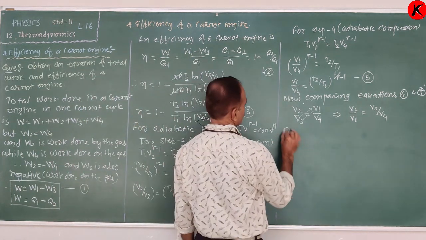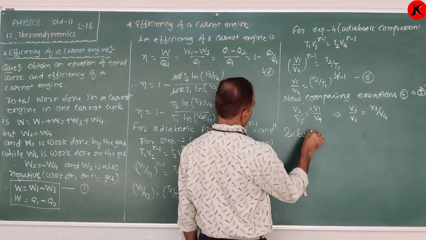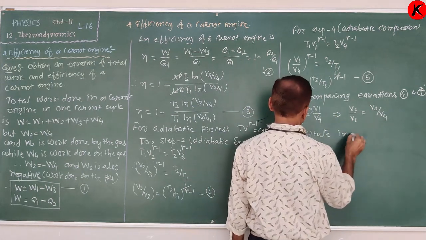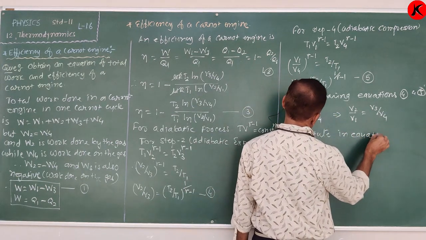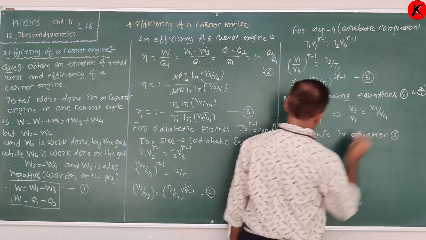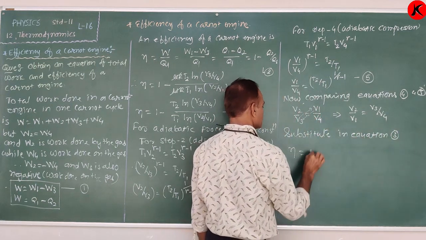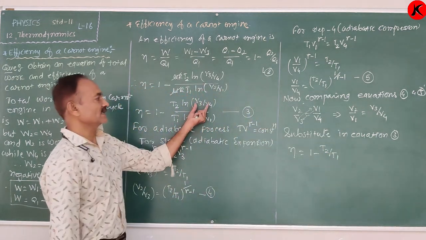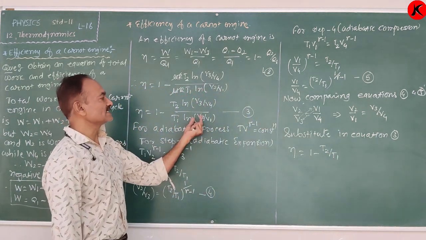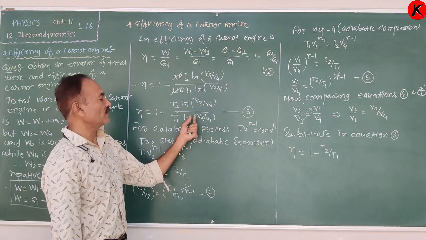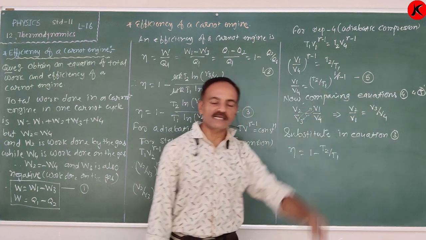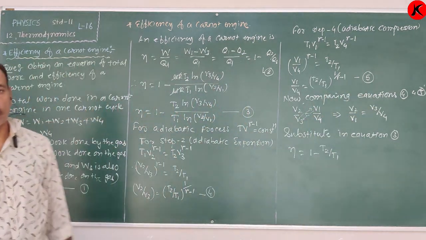Substitute in equation 3. Therefore, we obtain the equation of efficiency as 1 minus T2 upon T1. Because this part is the same, it cancels: ln V3 upon V4 is cancelled with ln V2 upon V1, because V2 upon V1 is equal to V3 upon V4.